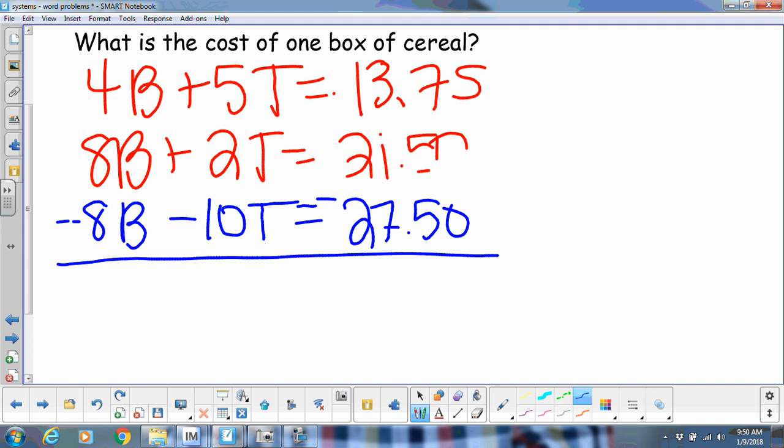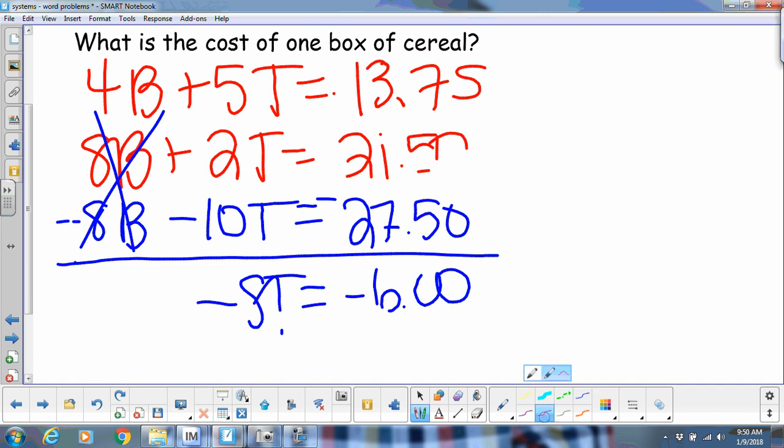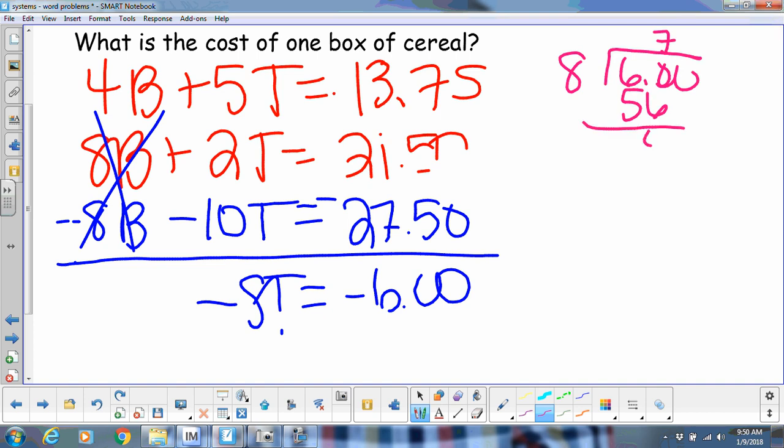Okay, add these together, so we get negative 8T equals 27.50 minus 21.50. 50's cancel out, so it is negative 6. All right, let's do some math. 8 into 6 goes 75 cents. So a 2-liter costs 75 cents.